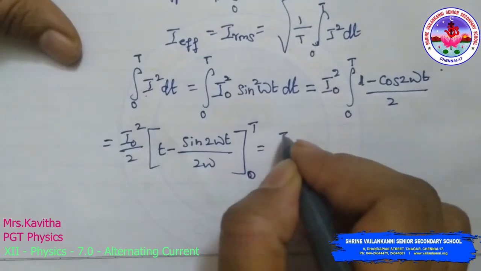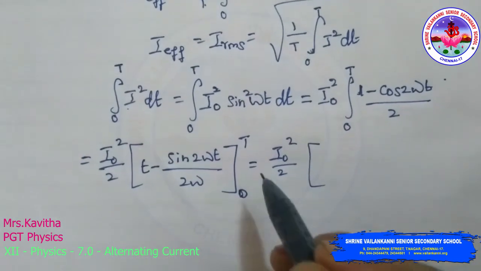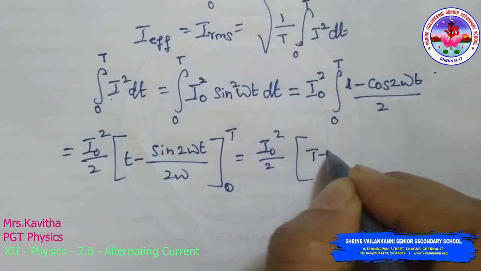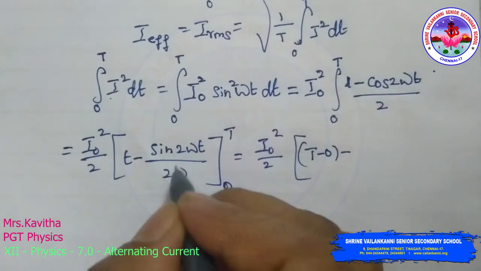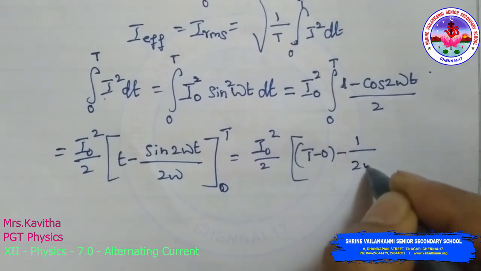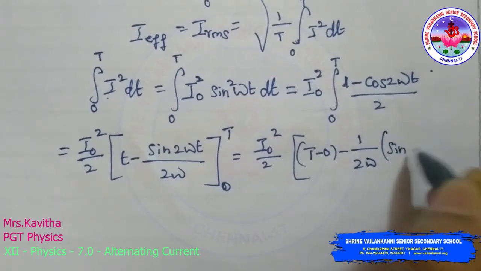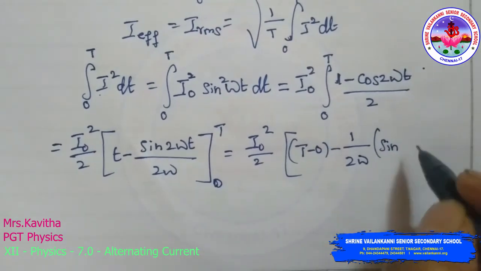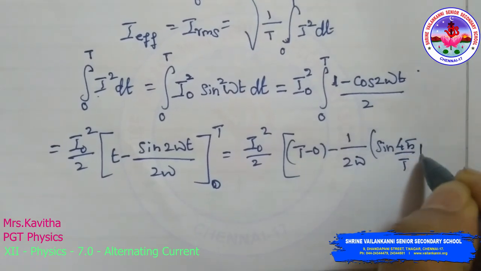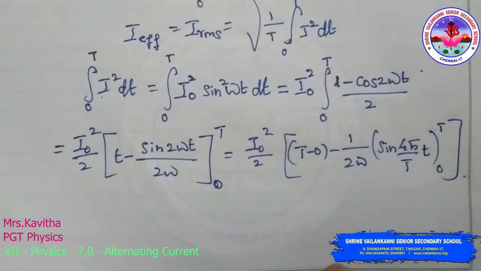So that is equal to I naught square by 2, applying the upper limit minus the lower limit: t minus 0, minus 1 by 2 omega times sine 4 pi by T into T, minus sine 0.